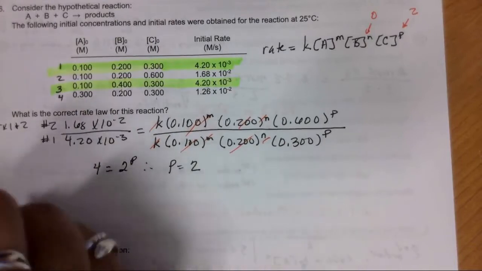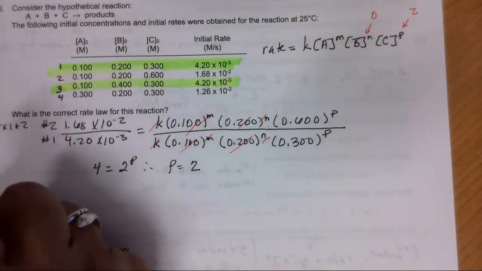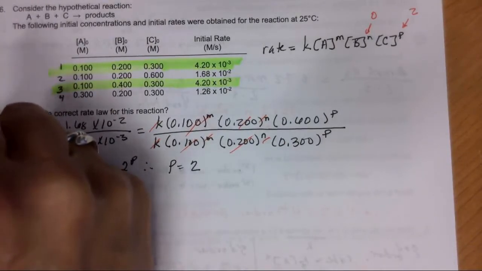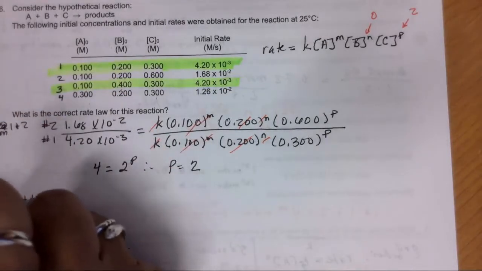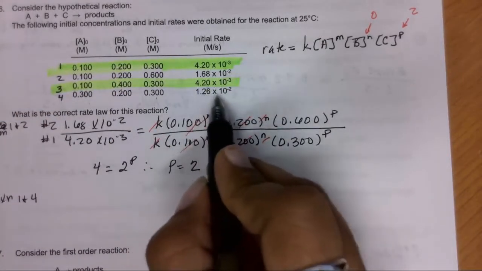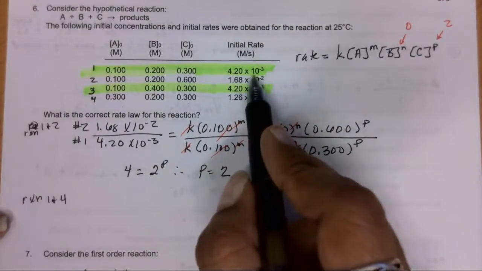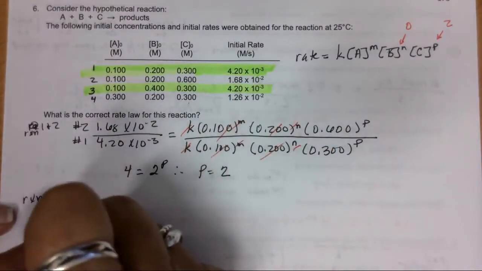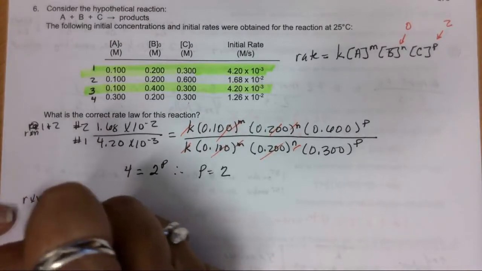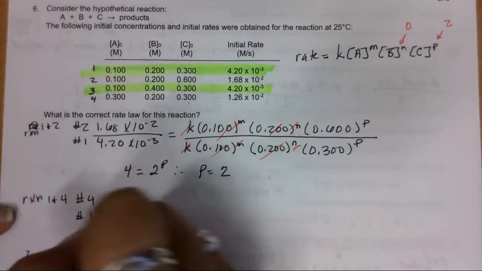So let's look and see what's going on there. Now I'm going to compare reactions 1 and 4. But look, 1.26 times 10 to the negative 2 is a bigger number than this one. So we're going to divide by the bigger number, so I'm going to do number 4 over number 1.